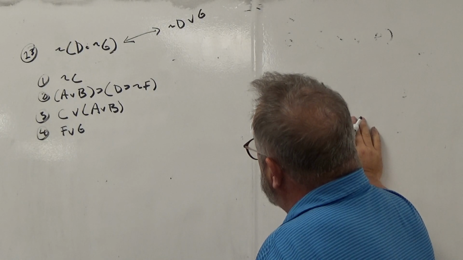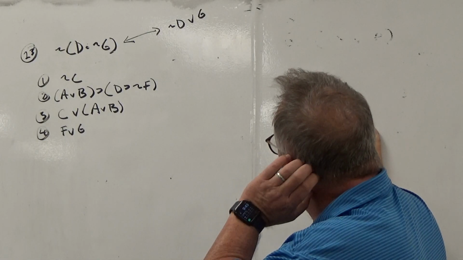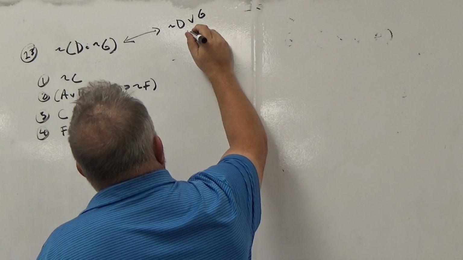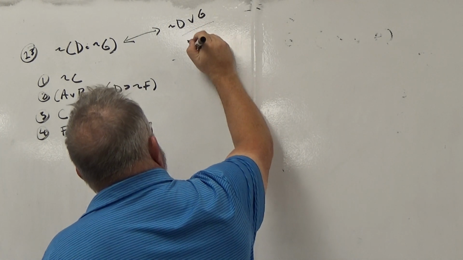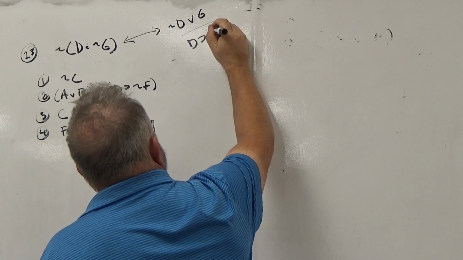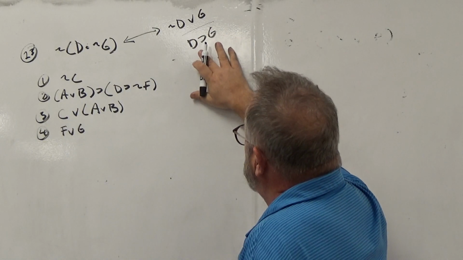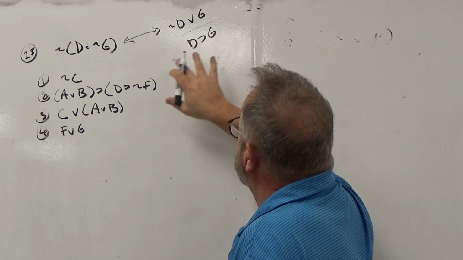there's a couple of ways to go for it. You should also know that if we did implication on this, that not D becomes a D, the or becomes a then, and the G stays the same. So if I can get to that, I can get to that, and I can get to that, okay?